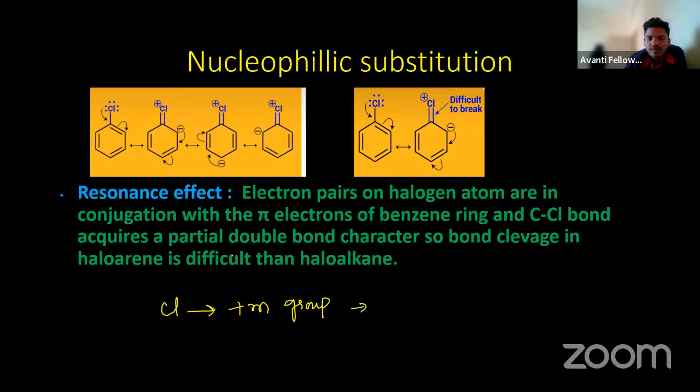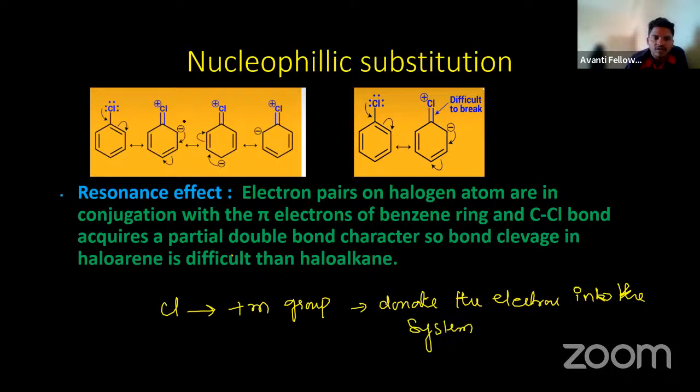Plus M groups will donate electrons into the system. When they are donating, you have a partial double bond character and you are getting a positive charge. Due to the partial double bond character, it is very difficult to break.